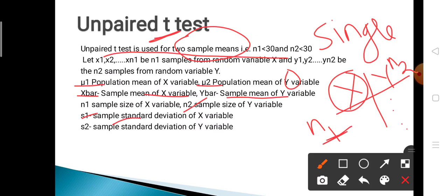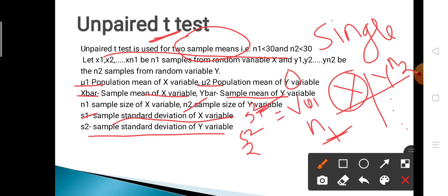S1 is the sample standard deviation for the x variable and S2 is the sample standard deviation for the y variable. Then what is S1 square and S2 square? The square of standard deviation is nothing but the variance. So S1 square is the variance of random variable x and S2 square is the variance of random variable y.